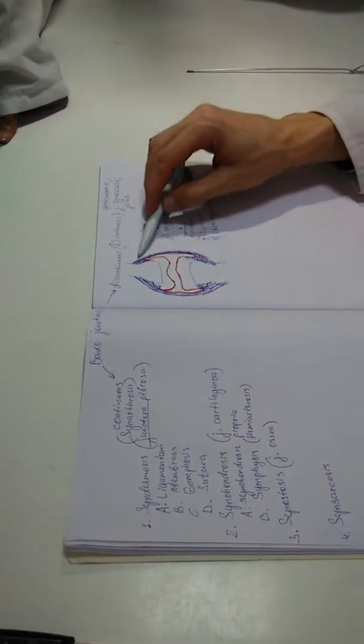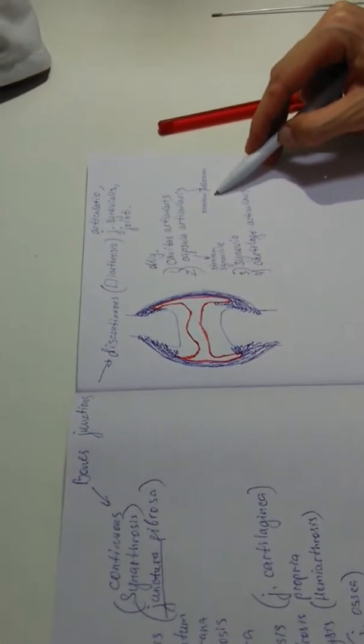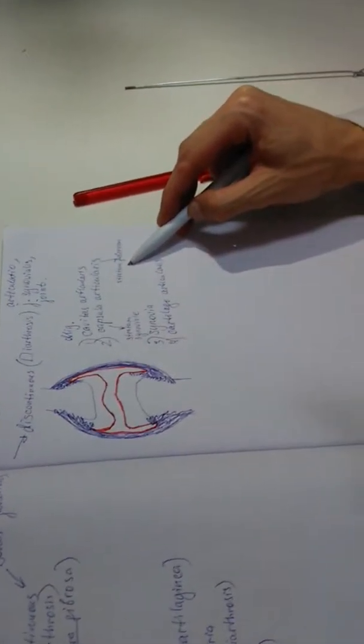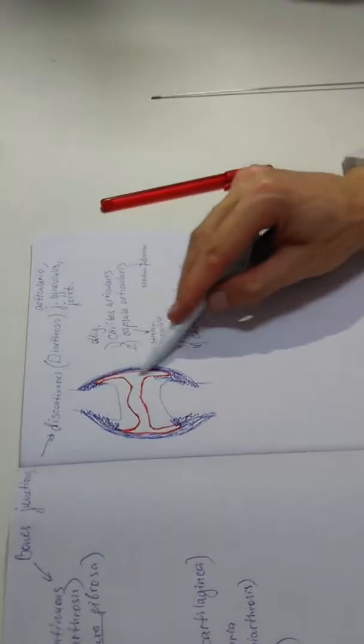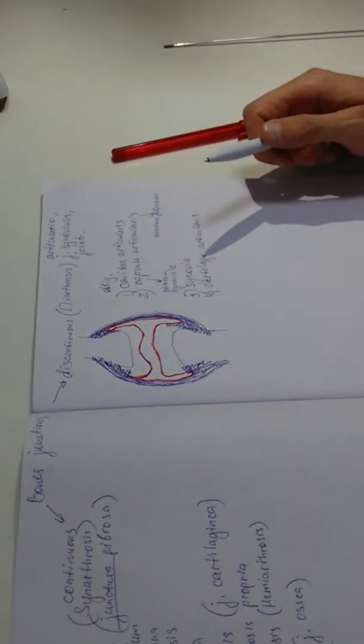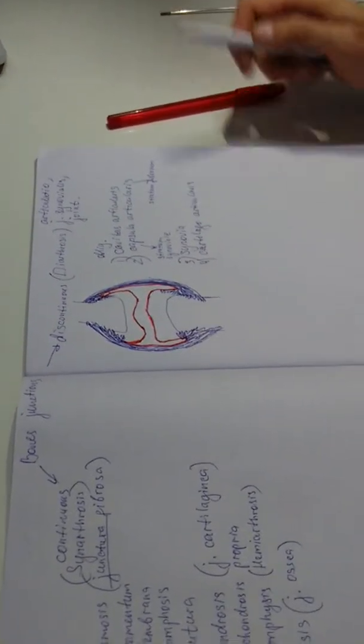The embryogenetic source of development in stratum synoviale, in stratum fibrosum as well, is the same. All these items have mesenchymal origin. This is very important.